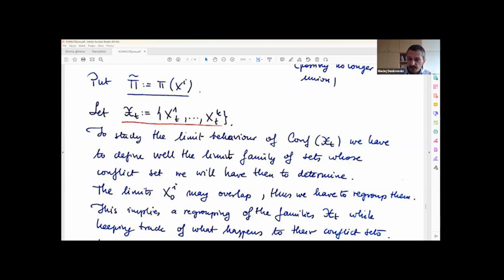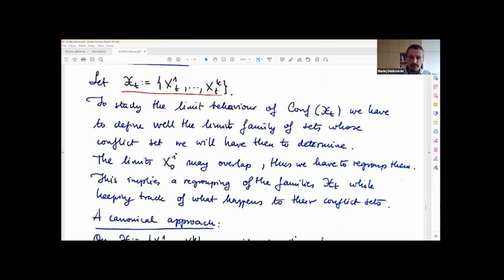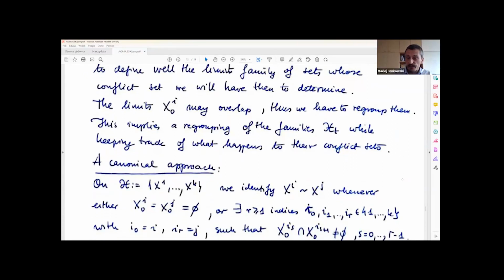So when they overlap, we will have a problem defining a conflict set, right? So it's natural to put together the sets xt for which the limits overlap. So we have to regroup the families somehow and keep track of what happens with the corresponding conflict sets.